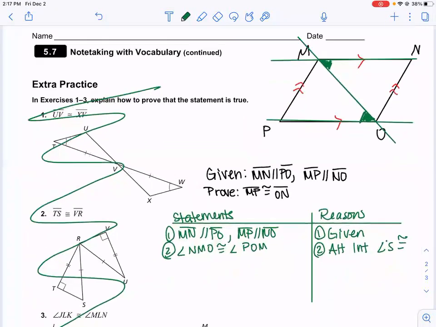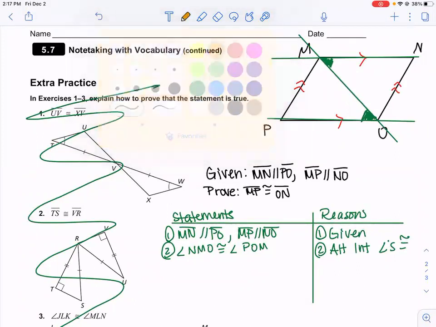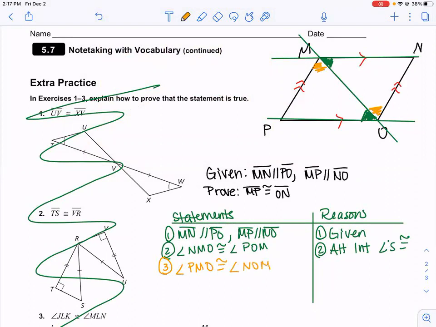Okay, now we have this set of alternate interior angles from our other parallel line set. So angle PMO is congruent to angle NOM. Same reason, just a different set of parallel lines.